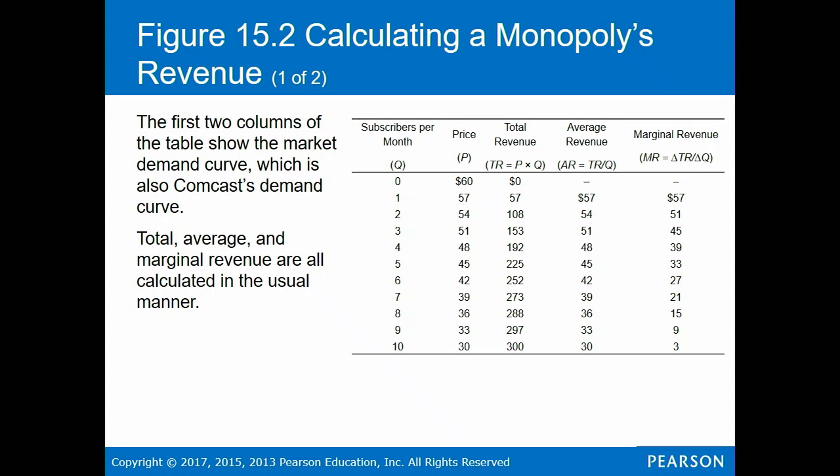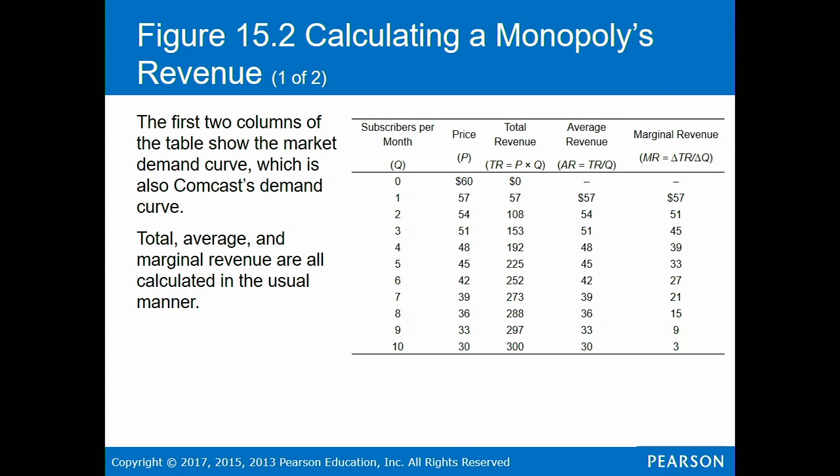So at $60, no one's going to buy cable in this example. If you drop it to $57, one person will be willing to subscribe to cable. If we drop the price from $42 to $39, we'll go from 6 subscribers to 7 subscribers. So this is the typical demand curve we've been working with before. We drew the market demand curve, where it's going to be downward sloping.